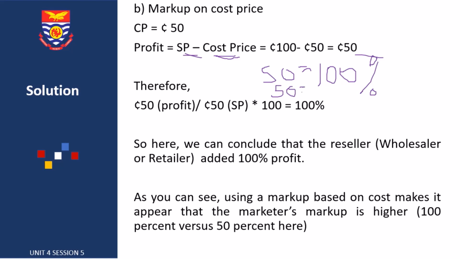So 50 over 50 multiplied by 100 is going to be 100%. We can therefore conclude that the reseller, either wholesaler or retailer, added 100% profit element to get the selling price. As it is very clear here, using a markup based on cost makes it appear that the marketer's markup is higher, meaning that the marketer's markup was 100% versus the 50% profit we had.